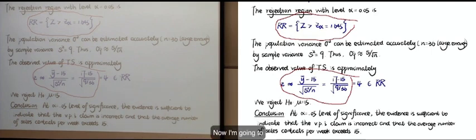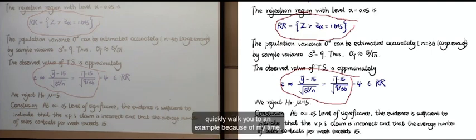Now, I'm going to quickly walk you through an example because of my time. Take a look at this. A random sample of 100 recorded deaths in the United States during the past year shows an average lifespan of 71.8. Assuming a population standard deviation of 8.9 years, the population standard deviation is given, right?